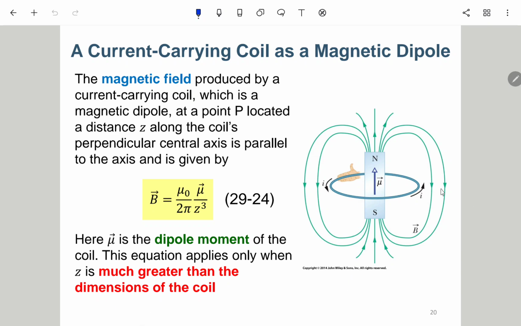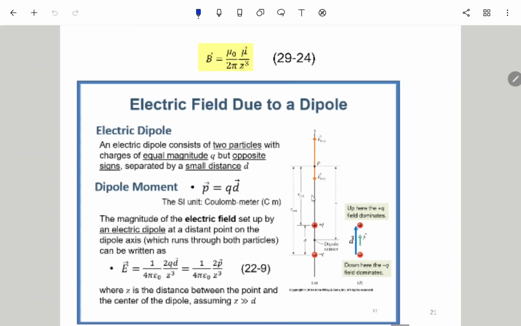We consider this plane with the current loop to be z equals 0. 就是这个是 z 等于 0 的平面，这个是 z 轴。那看到这个式子的话，是不是还记得？好。So do you still remember?